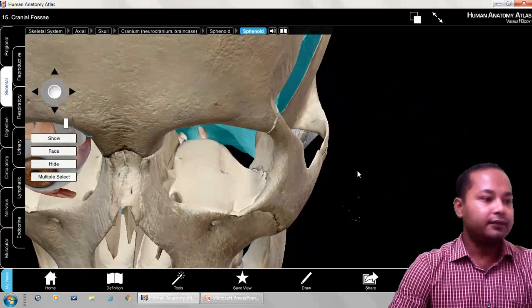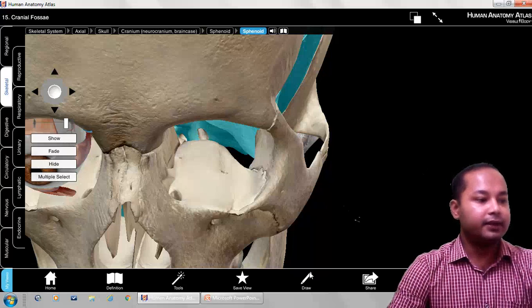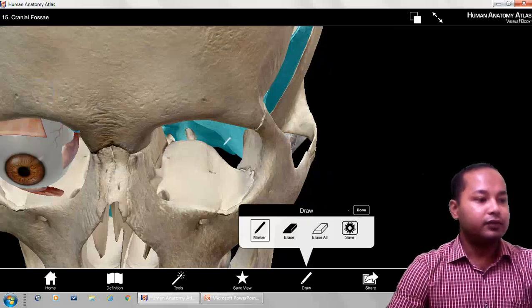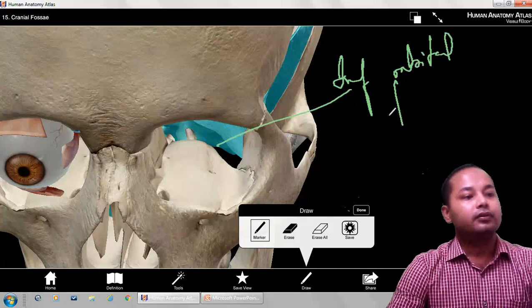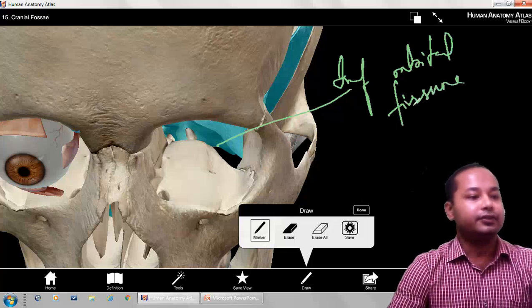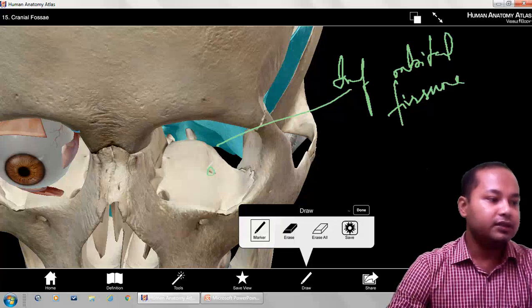Let us take a view from the lowermost part. In this part you can see that there is an inferior orbital fissure. Let me ink it out once again. This is the inferior orbital fissure. In this inferior orbital fissure, you will also see that there is a hole inside. This is the infraorbital groove.